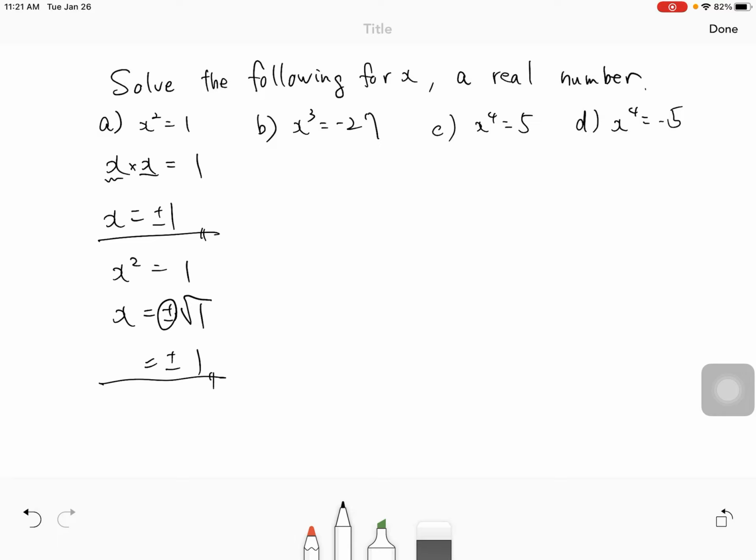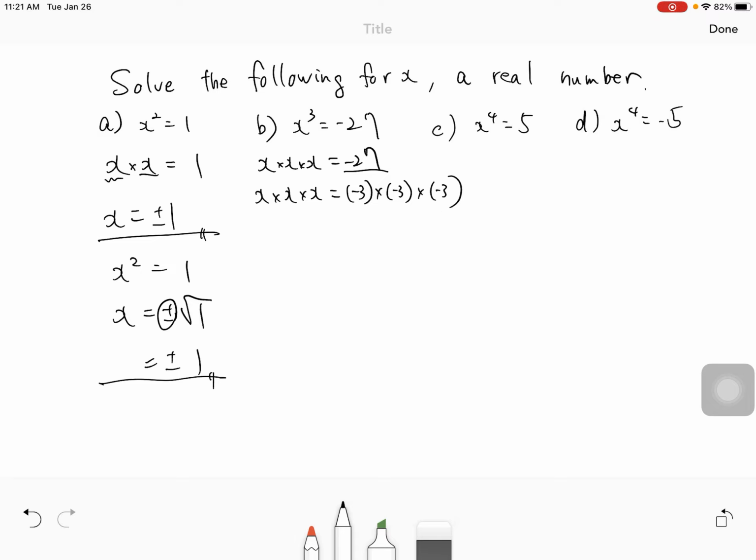x cubed equals negative 27. So let's think of it like this. Something times something times something is going to be negative 27. So you can see it as the product negative 3 times negative 3 times negative 3.